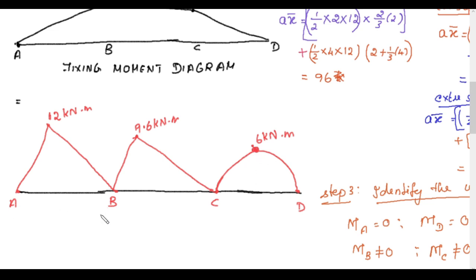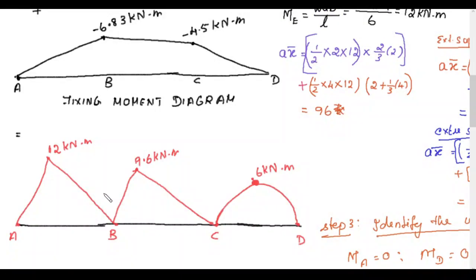Now we will draw the fixing moments. So fixing moment at B is 6.83, so it should be above this and below this. So it is 6.83 kilonewton meter and here it is 4.5 kilonewton meter. So at A moment is 0, at B it is 6.83, at C it is 4.5 and at D it is 0.